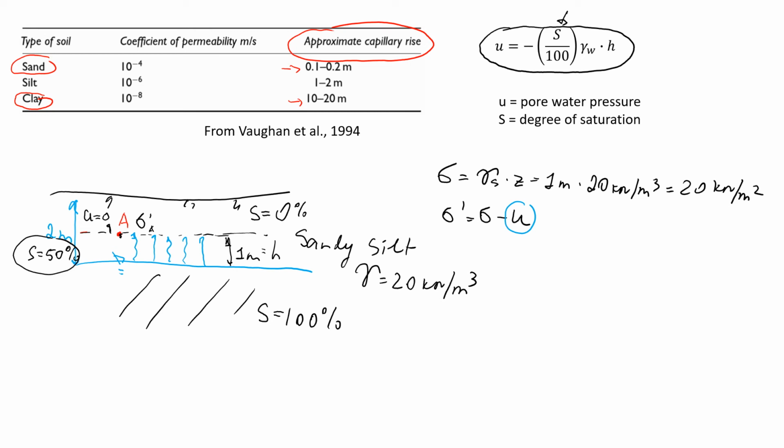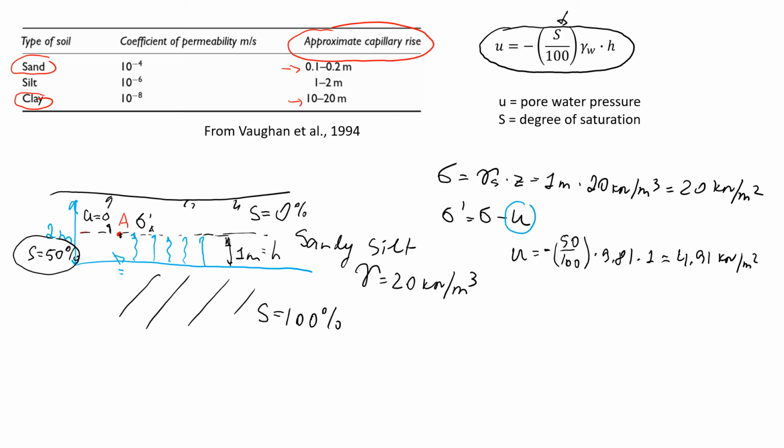So we can find that the pore pressure due to the capillary force is going to be negative: 50 over 100, so we just remove the percentage, times 9.81 and times the capillary rise of 1 meter, which gives approximately 4.91 kilonewtons per square meter.